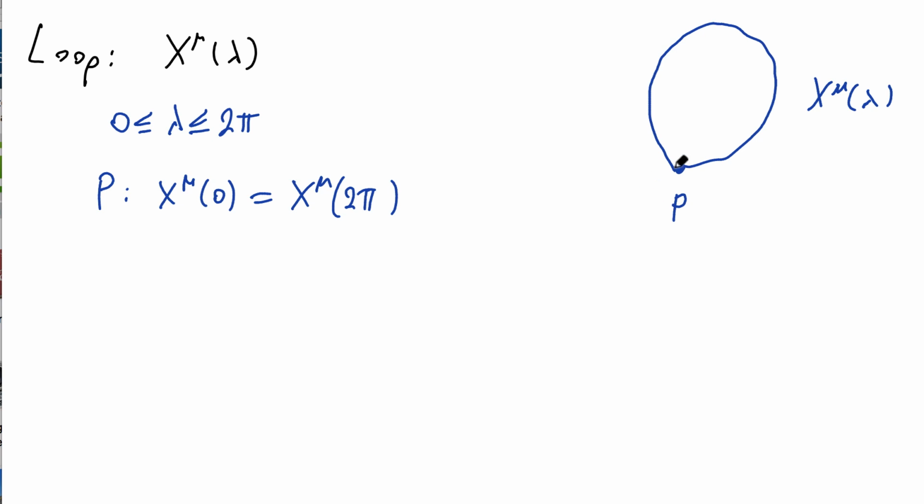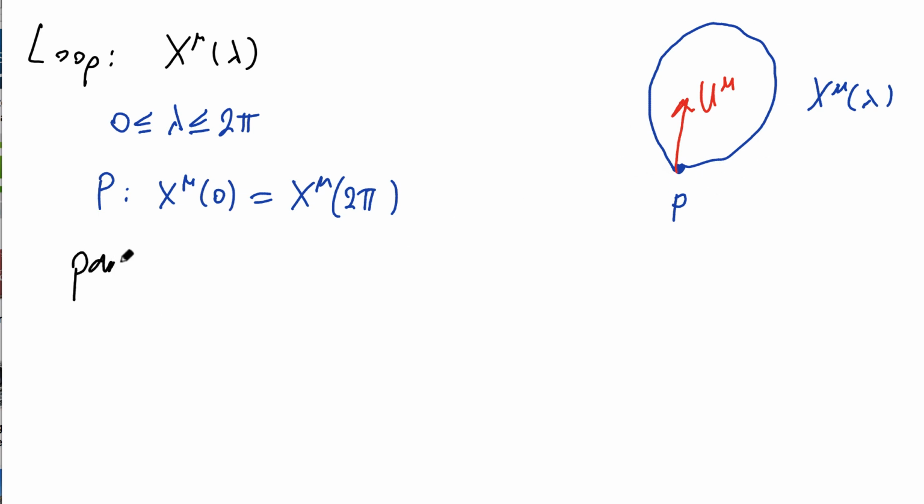And now we're going to take a vector starting at point P, vector u, and parallel transport it around this loop back to the point P. Now when we parallel transport this vector u around the loop, we create a vector field, a vector at each point on the loop that has the property that its covariant derivative along the loop vanishes.